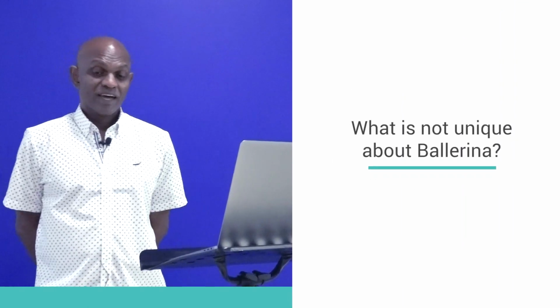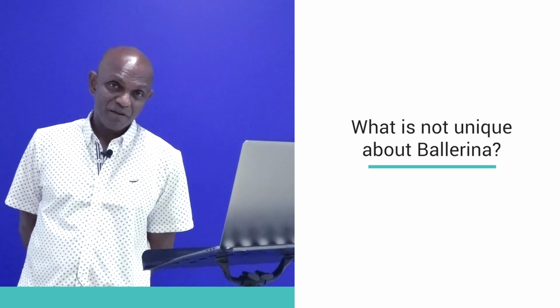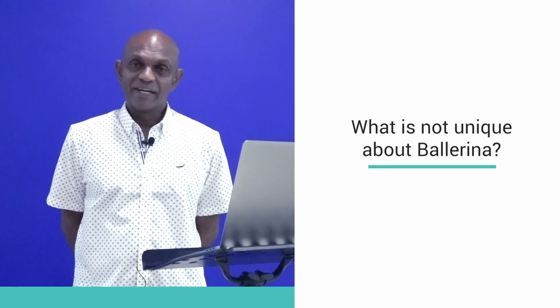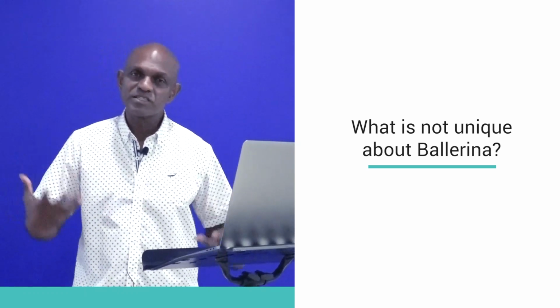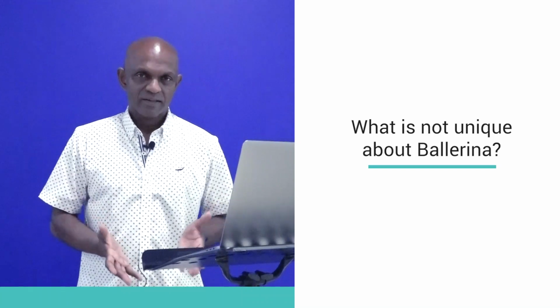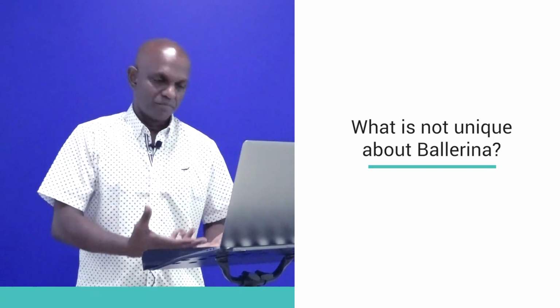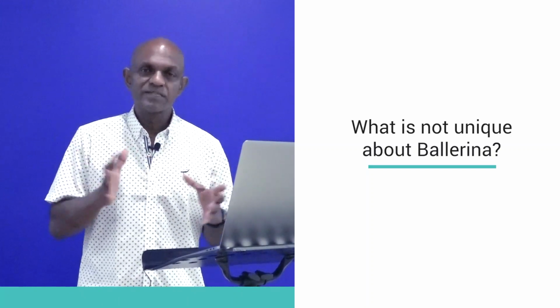So Ballerina has a whole bunch of stuff that is interesting and different, but it's also just a programming language. In the end, when it comes down to writing code, I need if statements, I need for loops, I need variables, I need arrays, I need all kinds of stuff. So Ballerina has all of that. Everything that you need, from data structures to control structures, concurrency control, all of that is in the language.